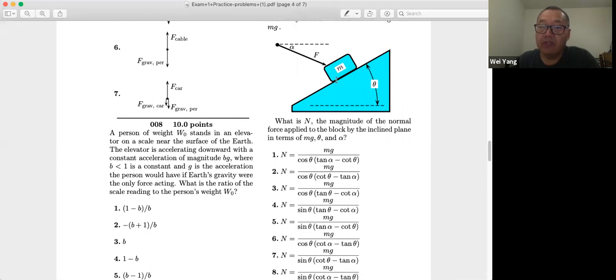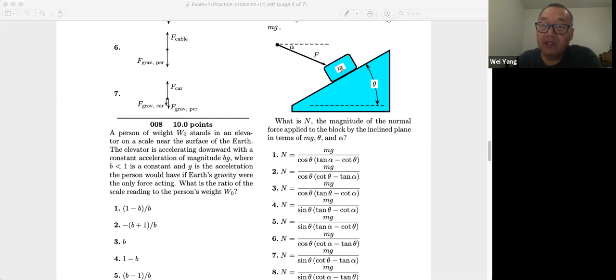First, let's do the force analysis. For the force analysis, first, we can draw the weight. The weight of this block is like this.